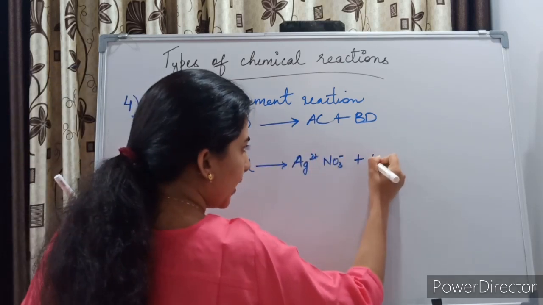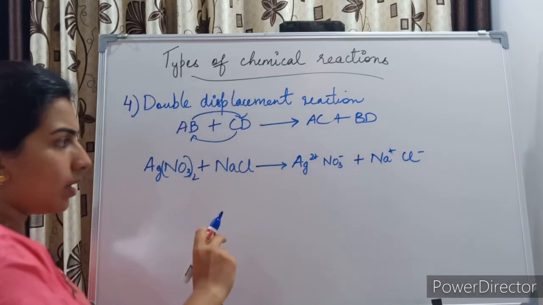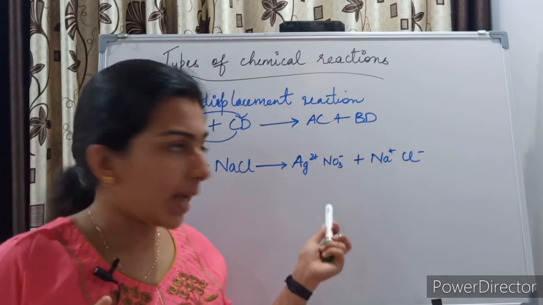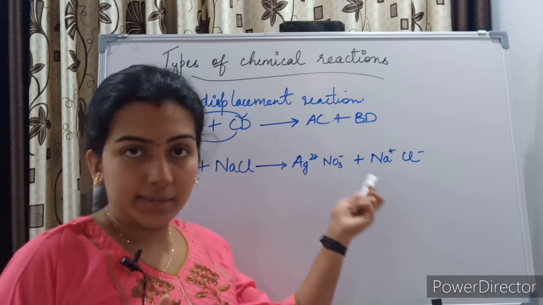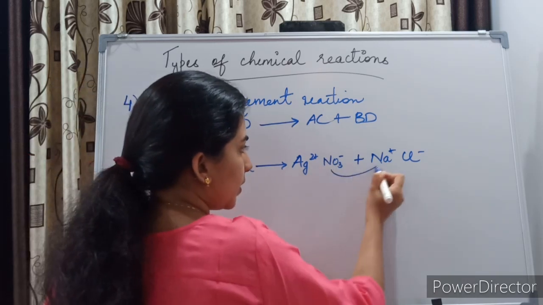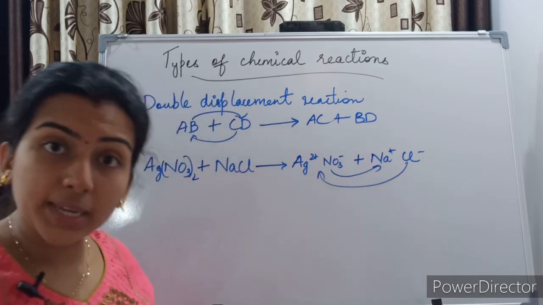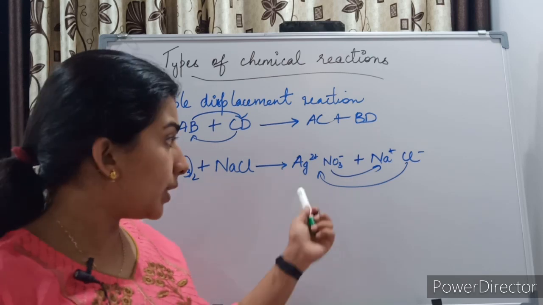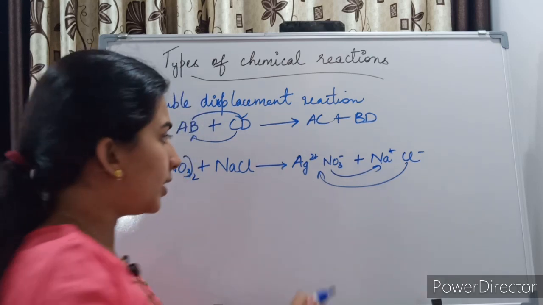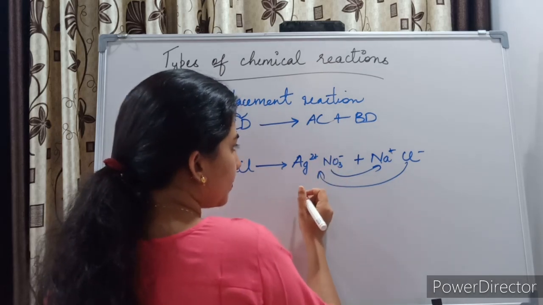Then Na+ and Cl-. Here we have to exchange either the anions or the cations. We should not exchange both cations and anions. Here I am exchanging anions.